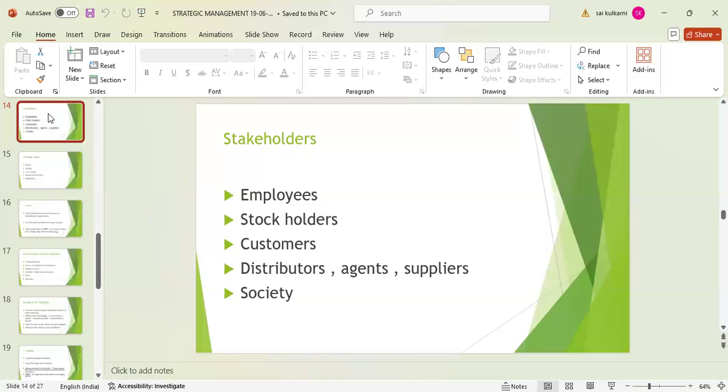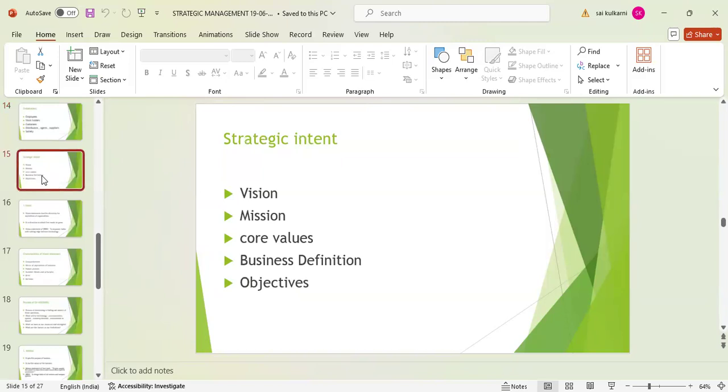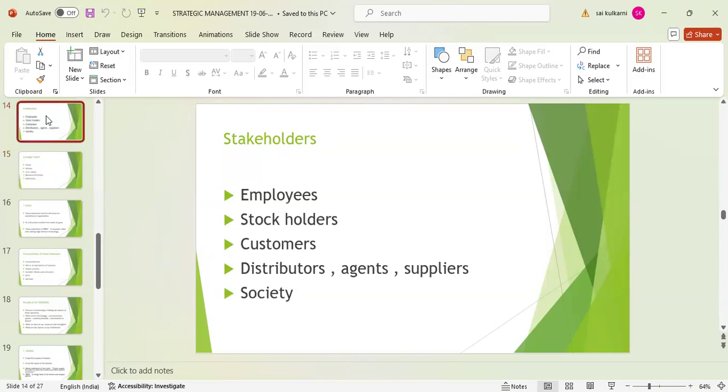So these are all the stakeholders of business, and each and every member has different types of interest with the business organization. Now the point is that in strategy formulation, you have to think about all these members and their interests, and then you can formulate the strategy.